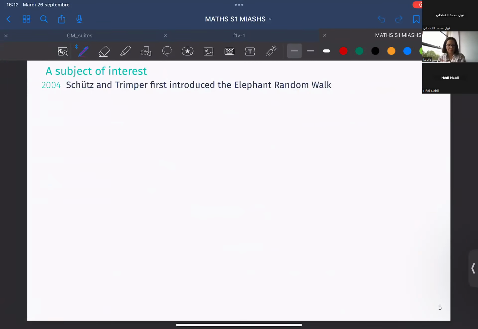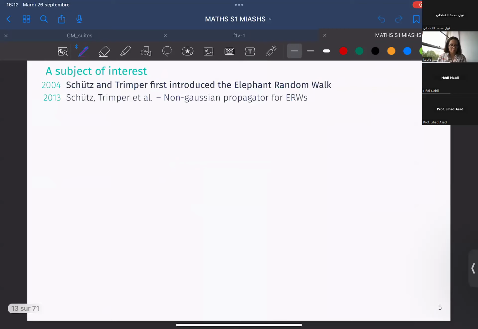So, as I said, the elephant random walk was introduced in 2004 by two physicists, and then not that much happened, but in 2013, those two physicists, together with some mathematicians, showed that in a certain case that I will define later, the elephant random walk, properly normalized, has a limiting random variable that is not Gaussian.